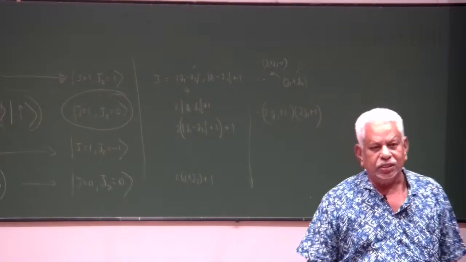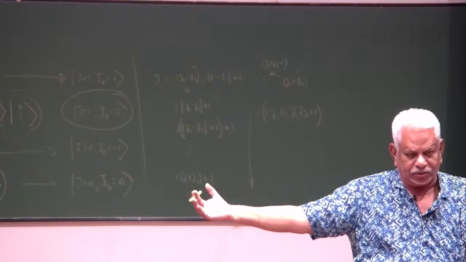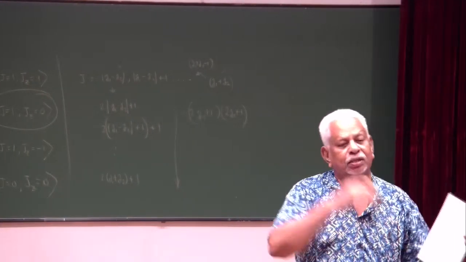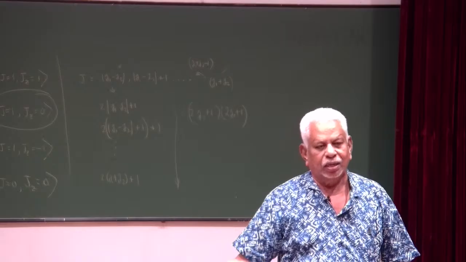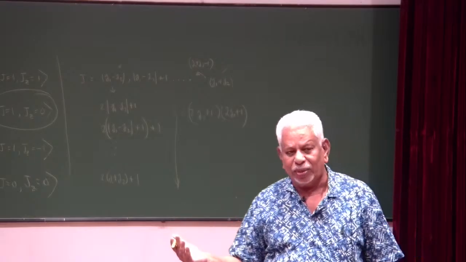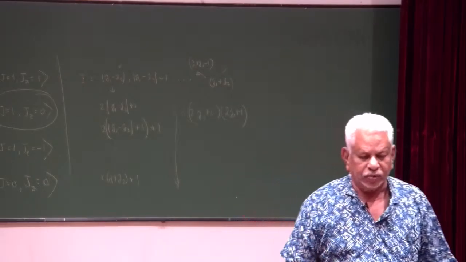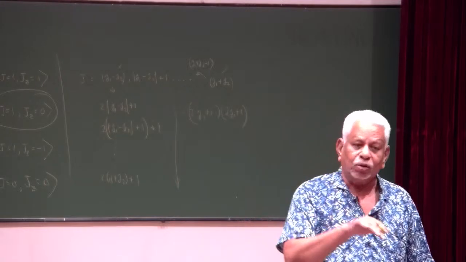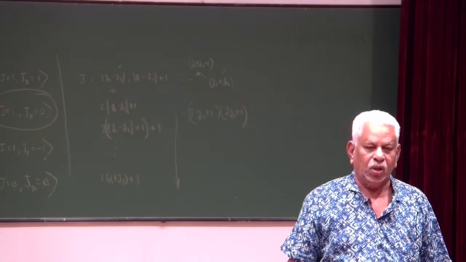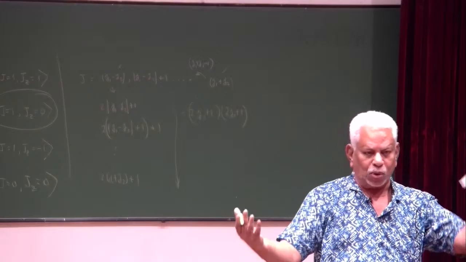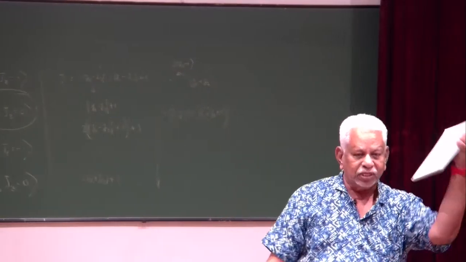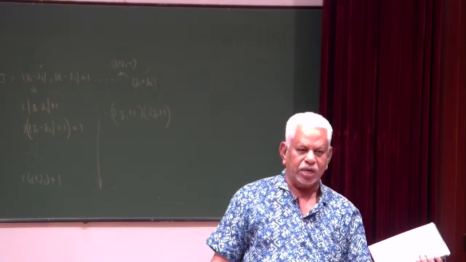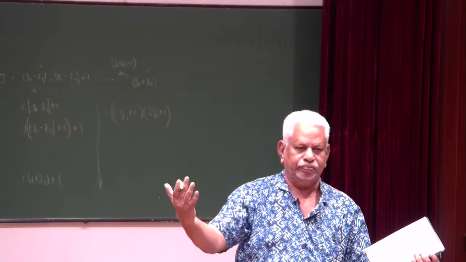That particle splits into two particles. One of them is spin half, another is also spin half. But the total angular momentum is fine. Magnetic quantum number Jz is 0. So the magnetic quantum number is also conserved. So when it splits into two, if this is spin up, this has to be spin down. If this is spin down, this has to be spin up.